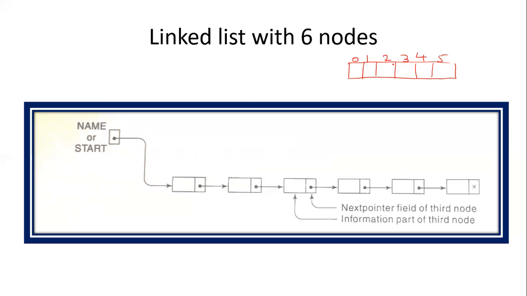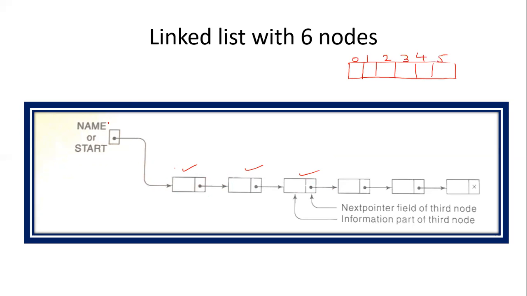But in a linked list, it is not like that. You can see that it is not continuous at all. One node is here, the next node is here, and again another node is here. There's a break you can see. But actually, this will be loaded onto the memory, only in different parts of the memory. It need not be the adjacent location or next location as it is shown. It can be placed anywhere in memory.